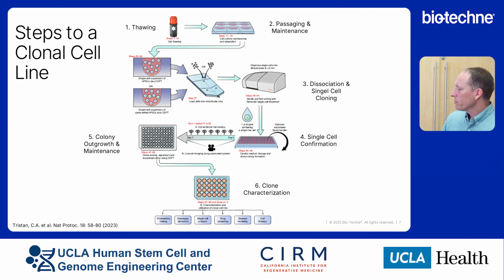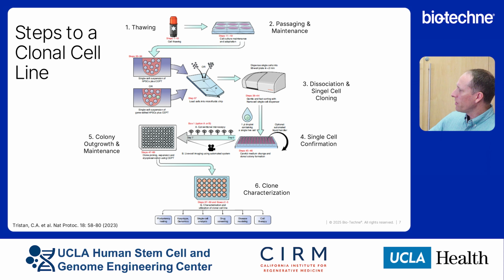In the second paper, they developed an end-to-end workflow, going from thawing all the way through clone characterization. And it's a great paper. We utilize this in our lab to develop our protocols and process, starting with thawing and passaging and maintenance, and then going into, if you're editing cells, or if you don't have processes around editing, it moves into just single cell dispensing.